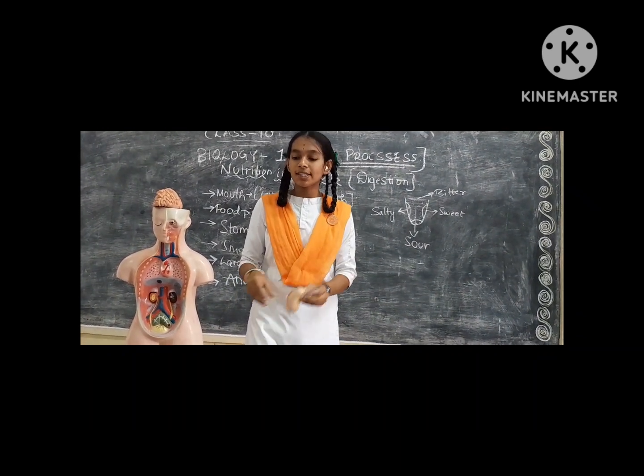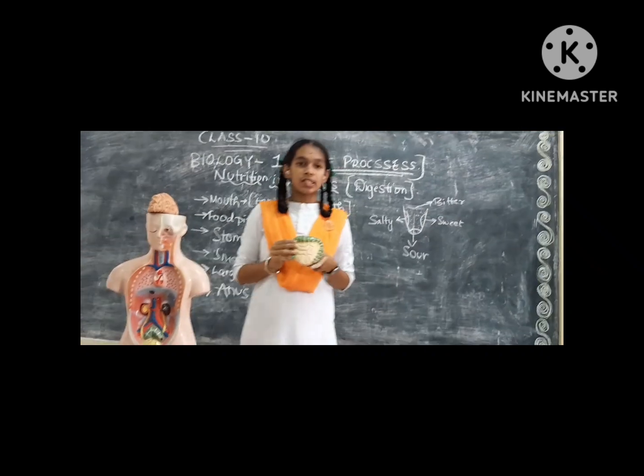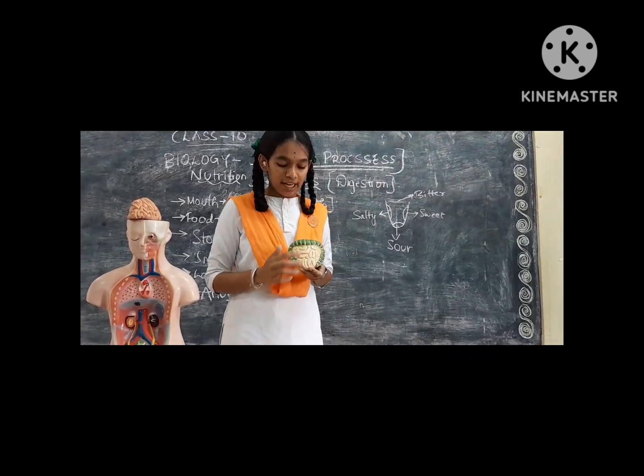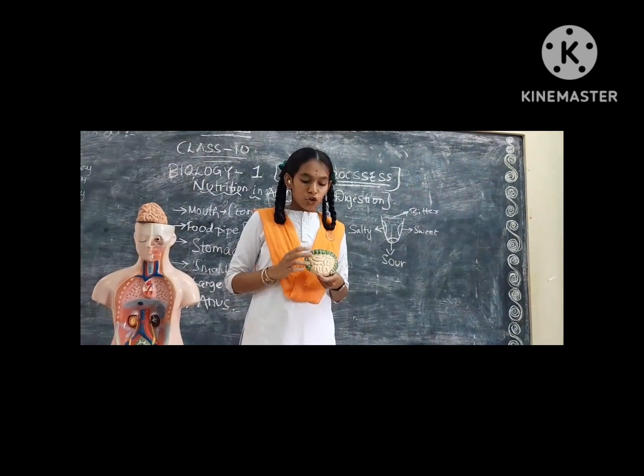The food moves towards the small intestine. The small intestine contains bile juice and pancreatic juice. Bile juice is produced by the liver, and pancreatic juice is secreted by the pancreas. The stomach sends food to the small intestine.